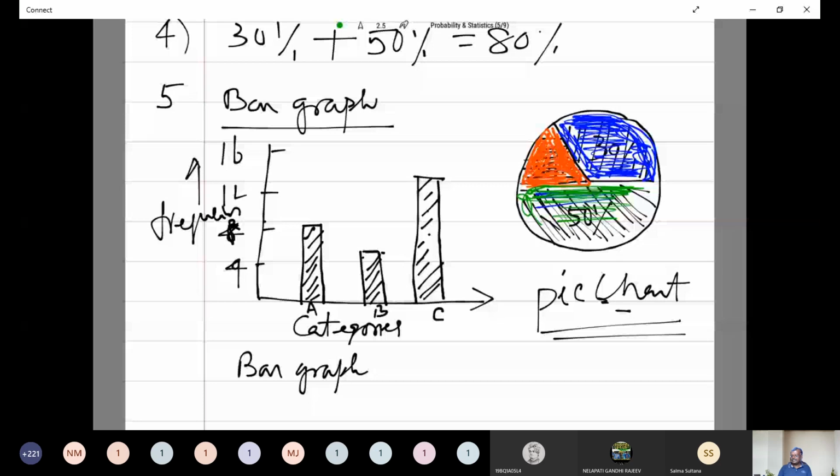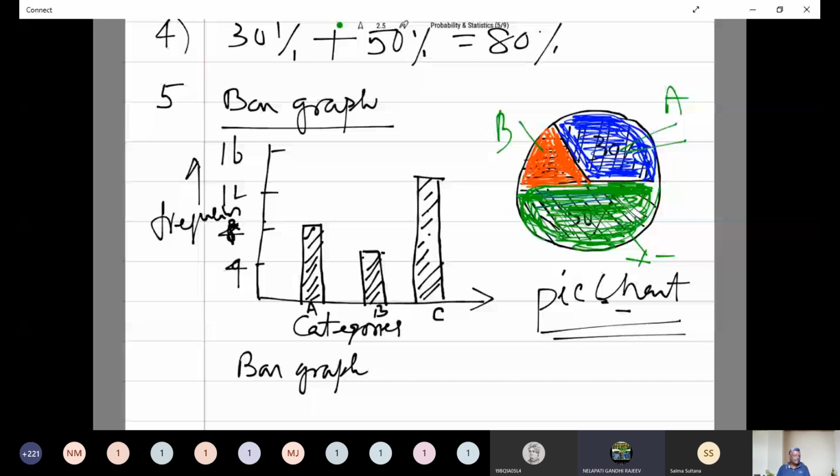That means the pie chart is a very visible chart. Easily understand what percentage of the things or categories are distinguished in 3 types or 4 types like this. When you observe the pie chart, immediately we can say this is category C, this is category A, and this is category B. It consists of 50%, exactly half, this is 30%, and it is 20%. That is a very useful method we have to use.